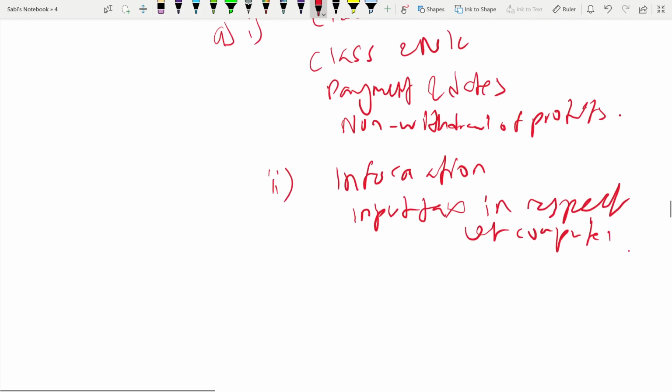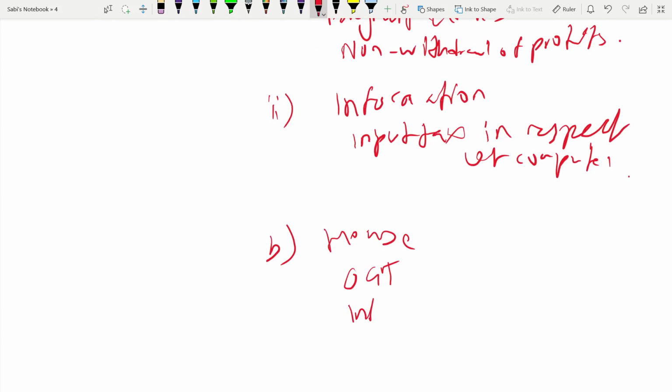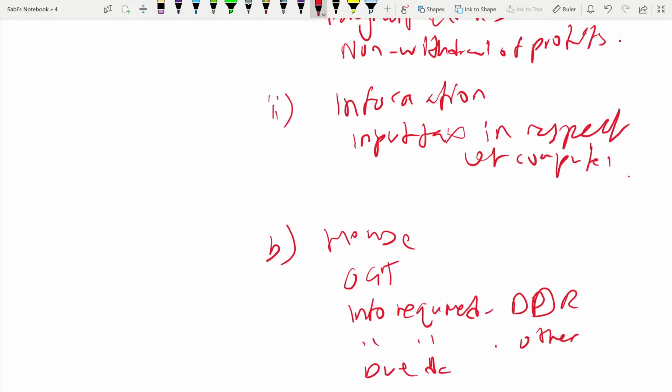Coming to B, this is for the house, CGT, calculating the CGT correctly. Then you need information required, that is double tax relief, and any other information you require, and also the due date. You are going to get marks.